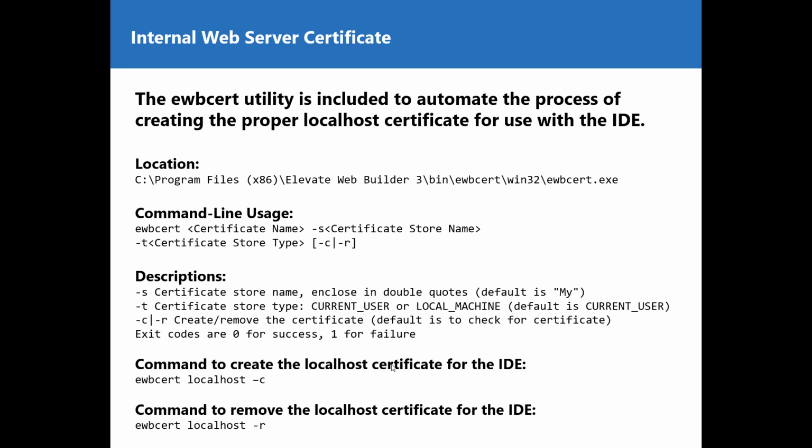It has to do it that way because of the way that browsers expect to see the certificate chain. If you don't do it that way, certain browsers will balk at these certificates and not allow you to use them. That would prevent you, if you had the Elevate Web Builder IDE running, from using an external browser to try to load applications against localhost, which is not ideal. You want to be able to do that for testing purposes.